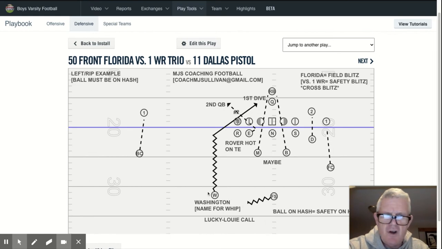So utilizing all the different coaching points given in various presentations, the timing in the screw down, the safety who's rotating middle isn't going to do it until the snap. But the screw down timing is huge. Maybe it's on this, or maybe it's when the quarterback lifts his foot, all the different things we've mentioned. But the timing is huge. The aiming point is the butt of the rover here, so they stay on side.